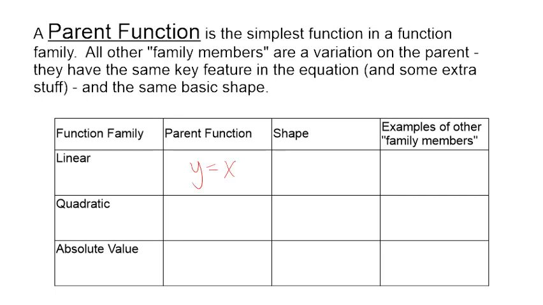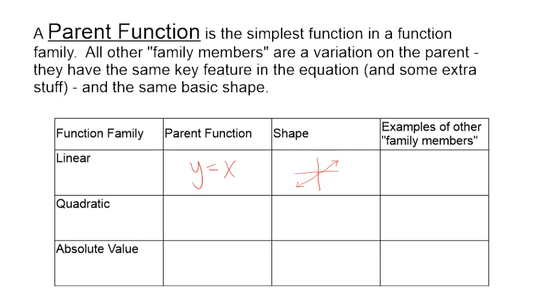And we know that there's a lot of other lines that have the x in it, but the general shape of that parent function would be just a straight line going through the origin. Now, we might shift that, we might stretch it, we might change the slope on it.